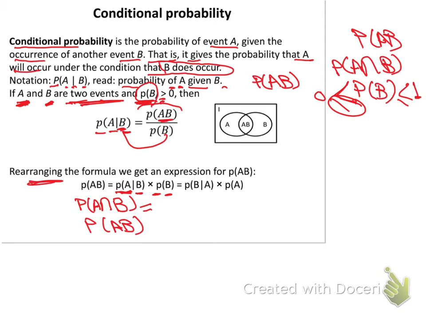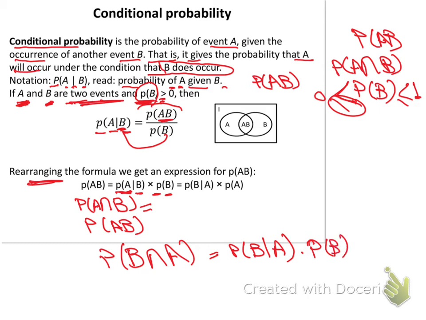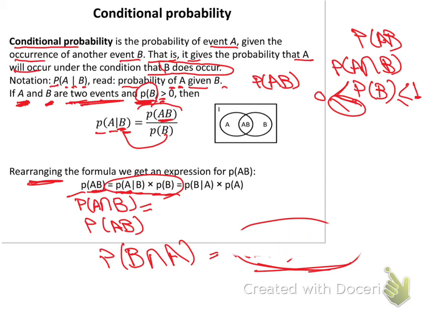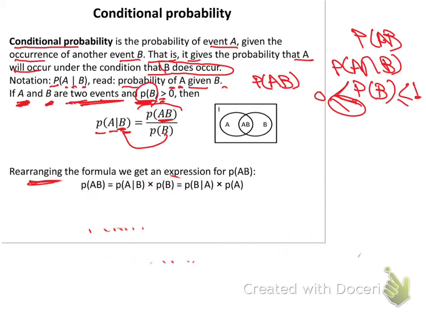Also, if we mention this one, probability of B intersect A, it will be probability of B given A times probability of A, which is this one. Okay? So don't scare or don't worry that we have the two things, because probability AB means, let me clear this one, so write it in a clear area.